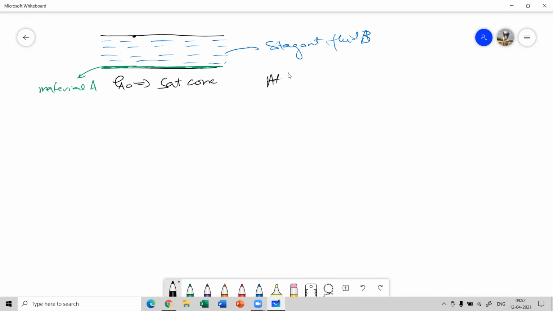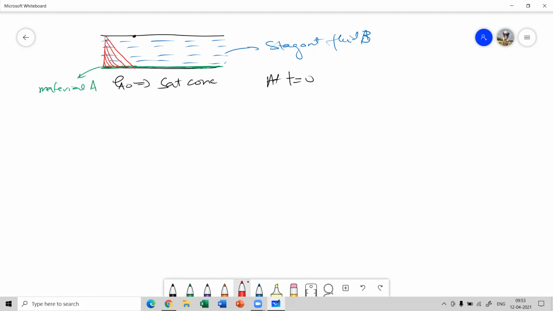At time t equal to 0, the lower plate is suddenly exposed to this stagnant film B, and as time proceeds, you will notice that A starts diffusing into B, and with the passage of time, under steady state conditions, the diffusion becomes linear with the distance.